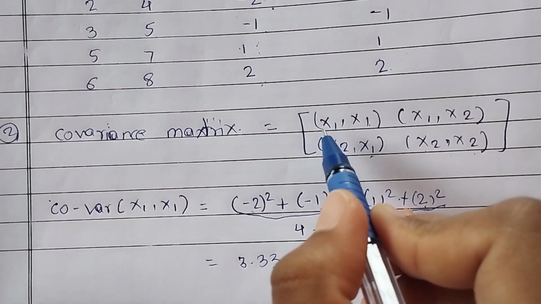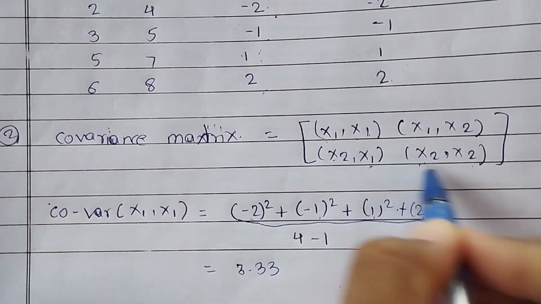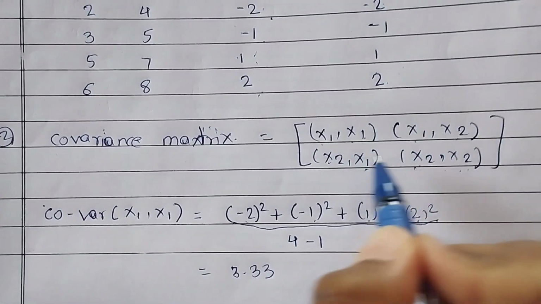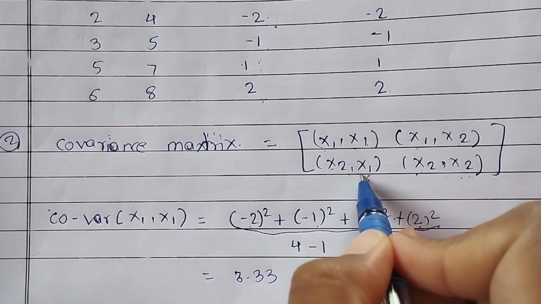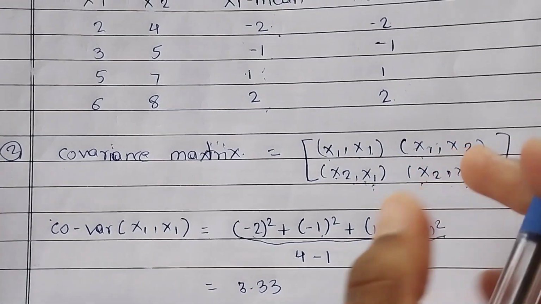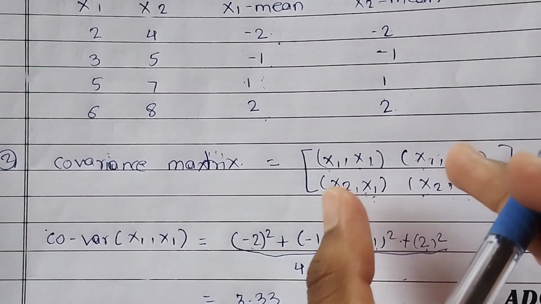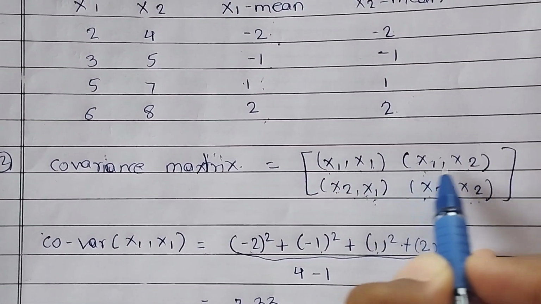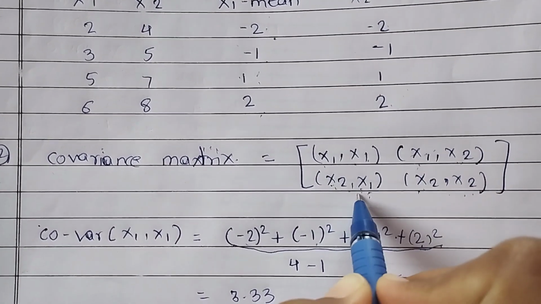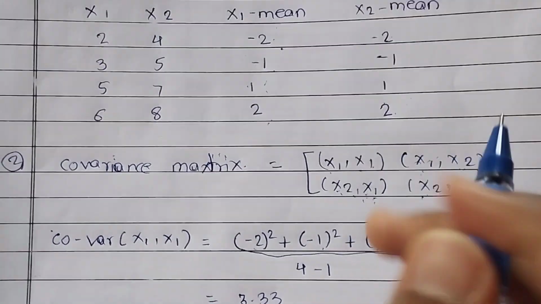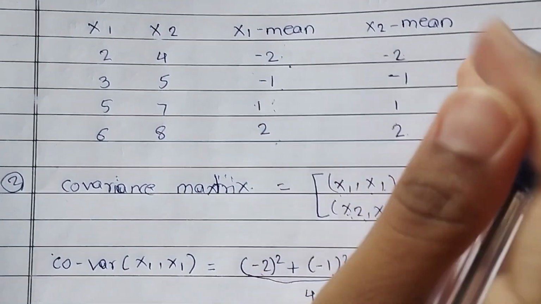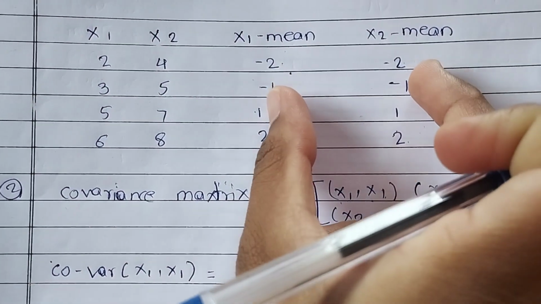Now we find out the covariance of x1 and x2. Every time these two entries are the same in the covariance matrix: x1 x2 is equal to x2 x1. We find it by taking the summation of the product of these two columns.